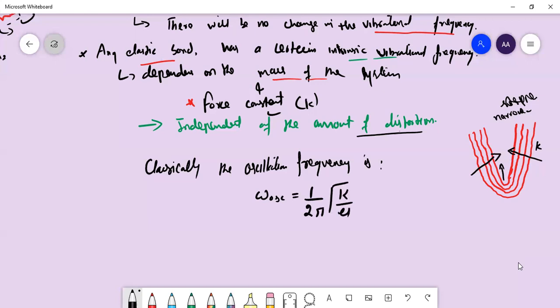So this is the equation of the oscillation frequency of your diatomic molecule, and it is given classically as 1/2 pi under root K upon mu. Now, what is this mu?